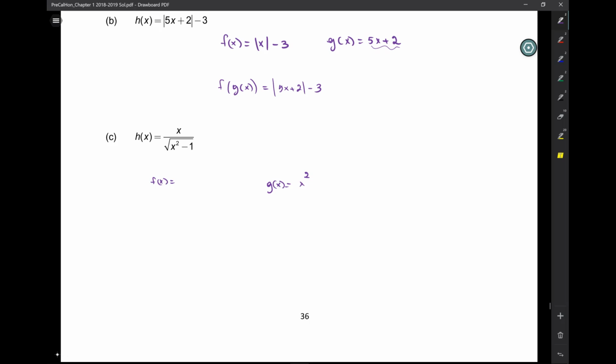But then f of x, you've got to have a root x up there, because if you plug in x squared, and then here it's just x minus 1 in the root. Wait, I got a different answer again.